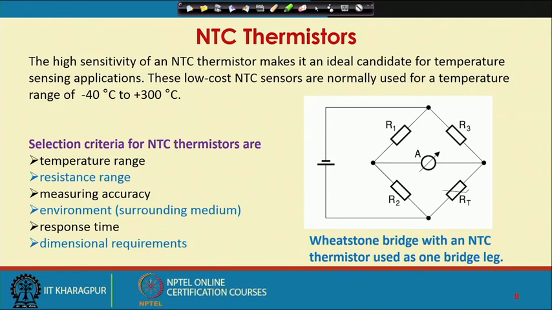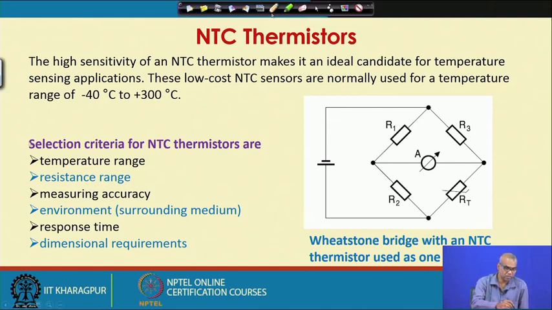Another important aspect is that they come in various sizes and shapes. So, the selection criteria for NTC thermistors are temperature range, resistance range, measuring accuracy, environment or the surrounding medium, response time and dimensional requirements.